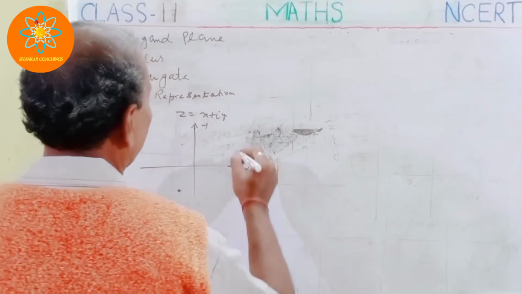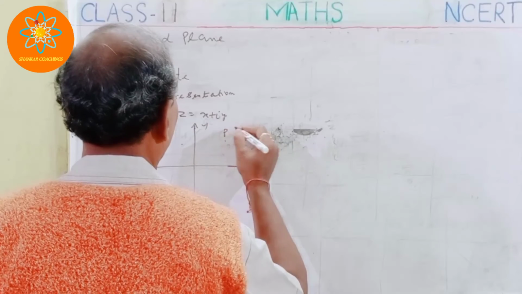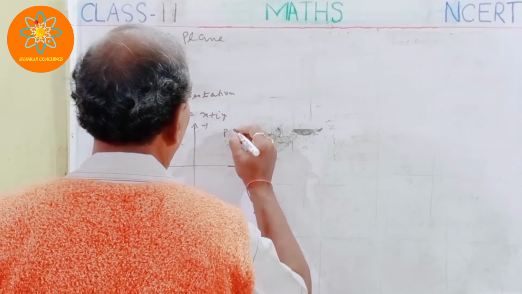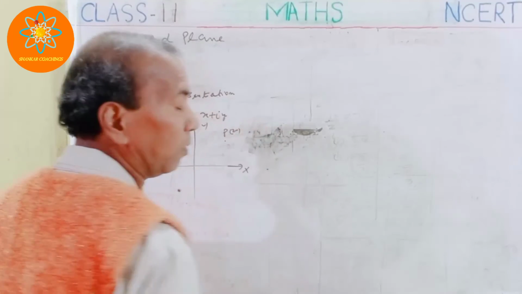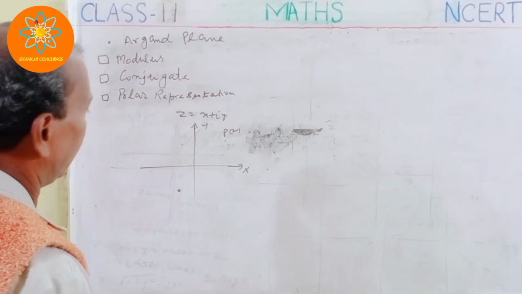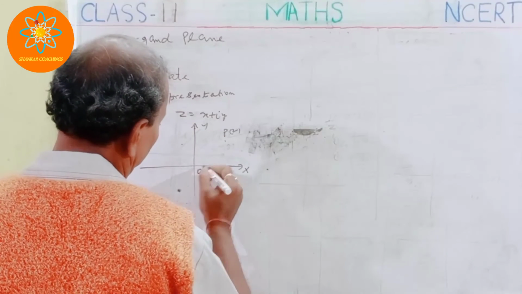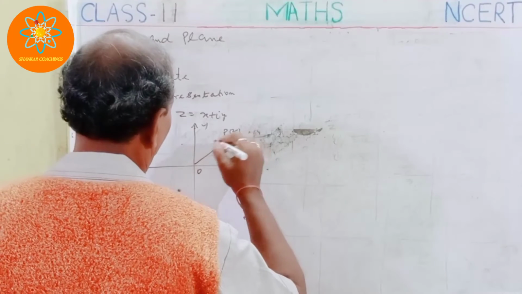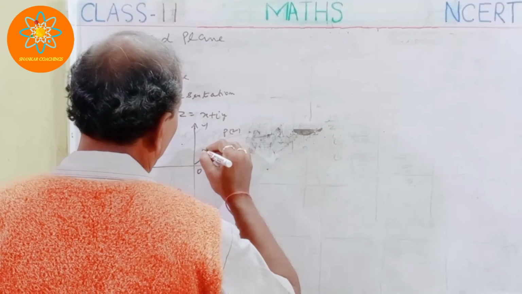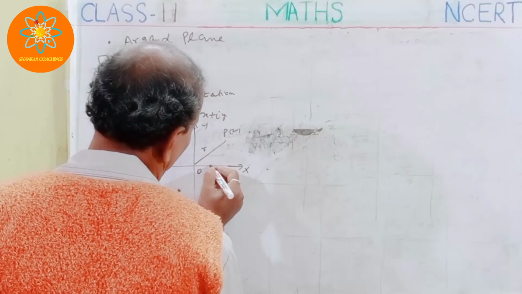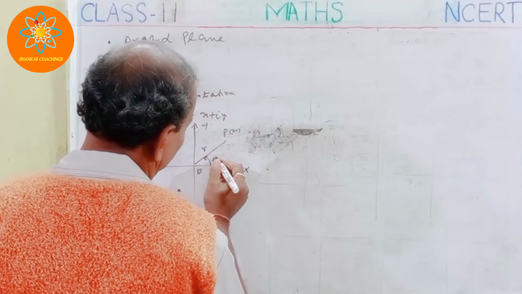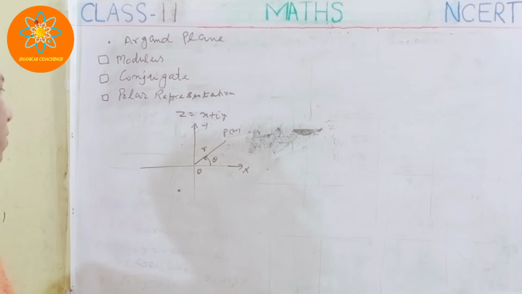Let's suppose P is any point, the point of z, and O is the origin. This distance OP is represented by R, and theta is the angle from the positive direction of the x-axis.